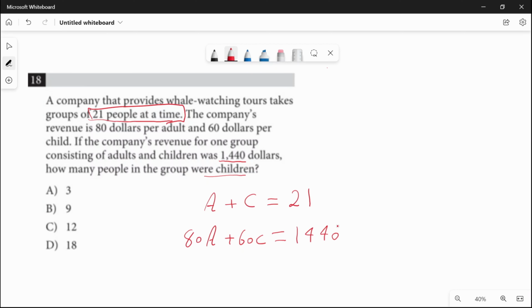Now the next step is finding the number of children, which is C. And we can do that by eliminating the values of A. So a smart tip is multiplying the first equation by 80. So we will have 80A plus 80C is equal to 21 multiplied by 80. So we'll write that down again. 21 multiplied by 80 is equal to 1680.